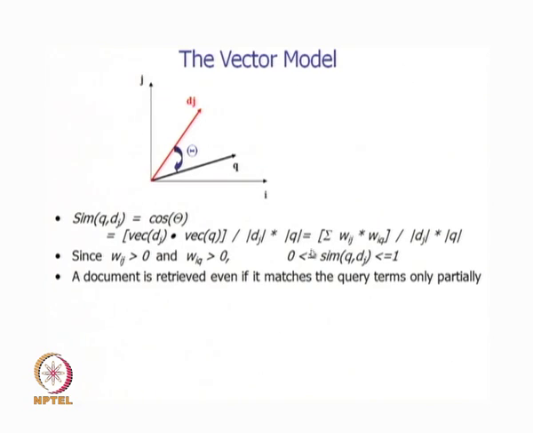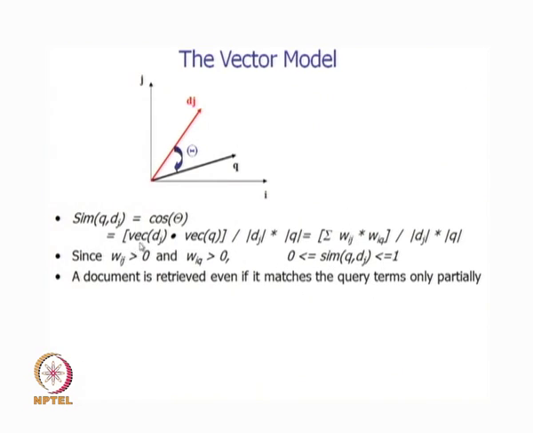This comes out to be the multiplication at the corresponding positions of the weight values of these two vectors divided by their modulus. Now, cos of any angle is between -1 and +1, and in this particular case we never get any negative value because the weight values are always greater than 0. So, this similarity value will come out to be between 0 and 1.